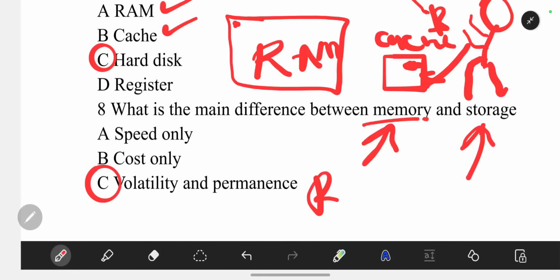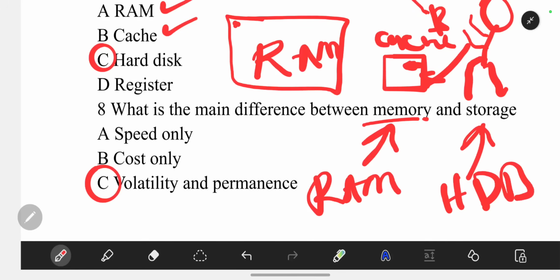An example of memory is RAM, but for storage we might have the space which can be stored in the hard disk drive. So RAM is faster to access. Volatility and performance are the main differences between memory and storage.